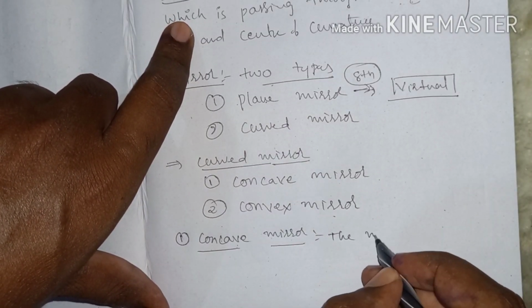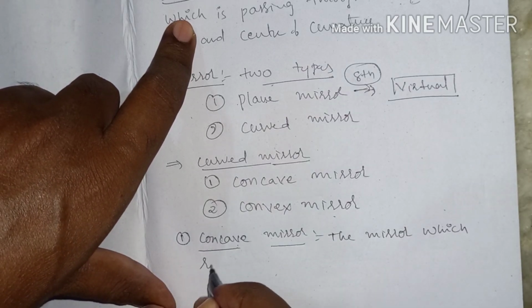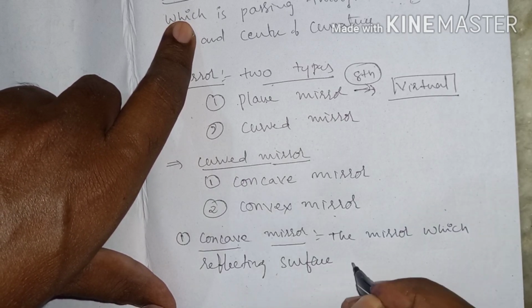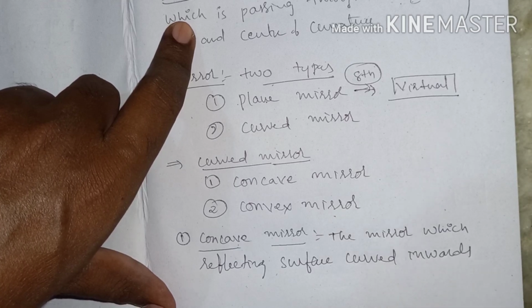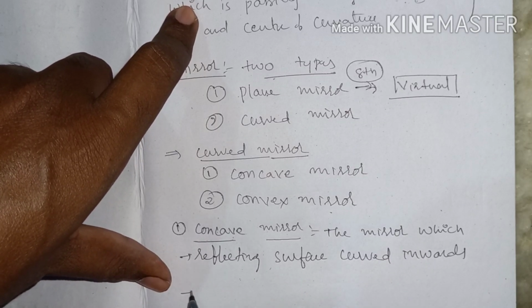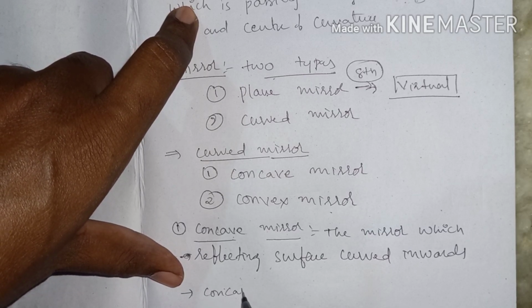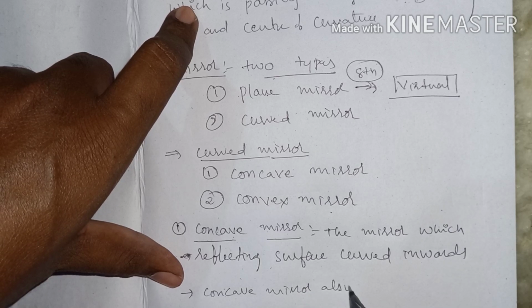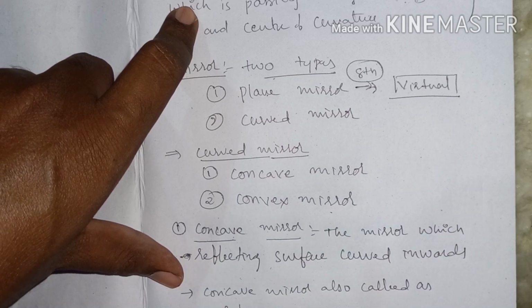We can also give it another name: the concave mirror is also called a positive mirror.